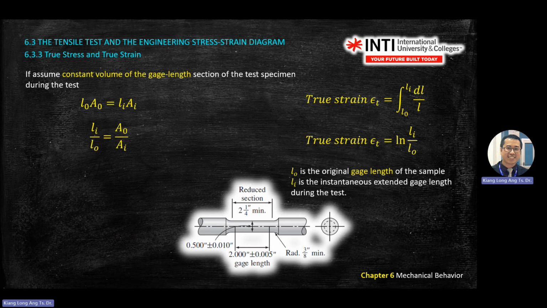Then you shift them. You pull Li to the left, you get Li divided by Lo. Pull your Ao to the right, you get Ai. Correct: you pull your Lo to the right, pull your Ai to the left, and you get the second equation on the screen.